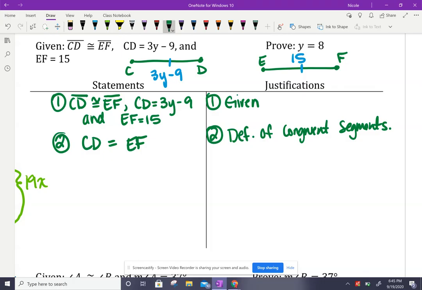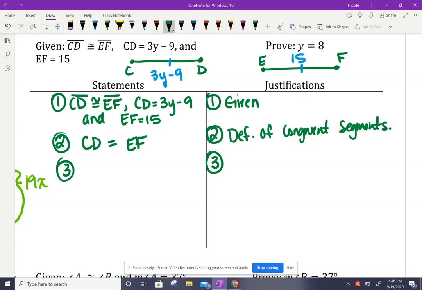Now that I have segment CD and segment EF, the measures of those two segments in kind of an equation format, I can take the information about their lengths, that 3y minus 9 and the 15, and add that into my equation.